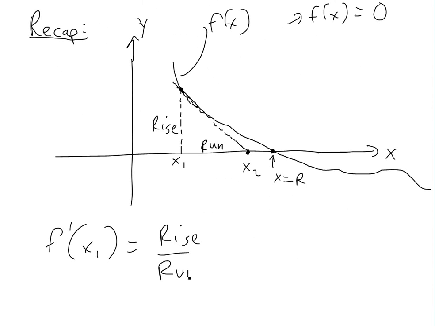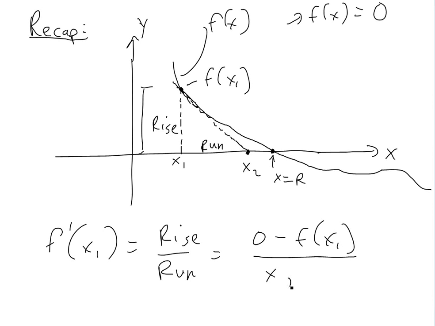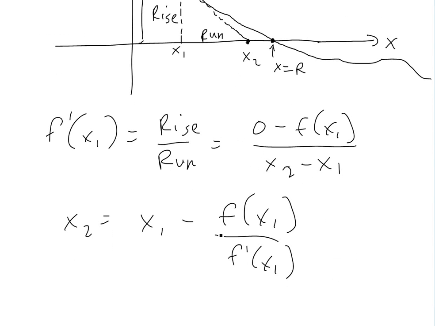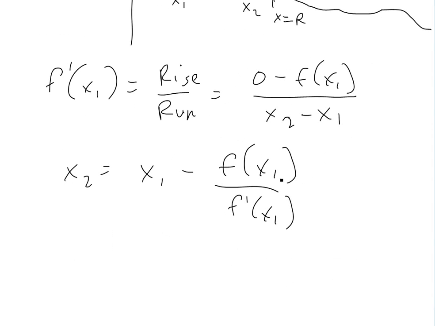The rise is 0 minus f of x1, because you're going down here, divided by the run, which is x2 minus x1. Then if you rearrange this to solve for x2, you get x2 equals x1 minus f of x1 divided by the derivative of f at x1.